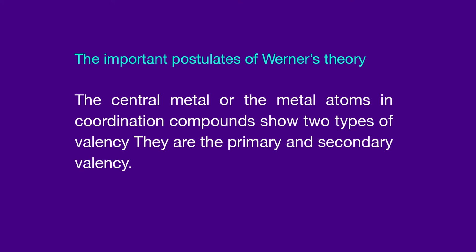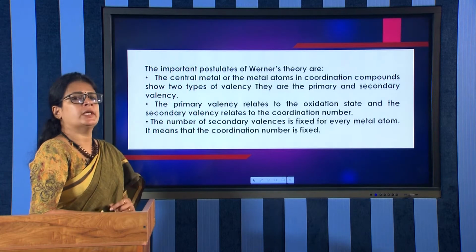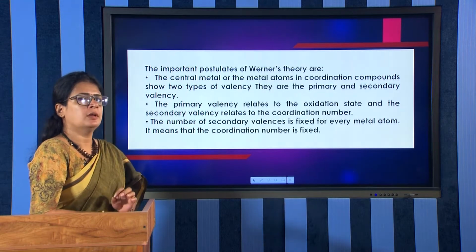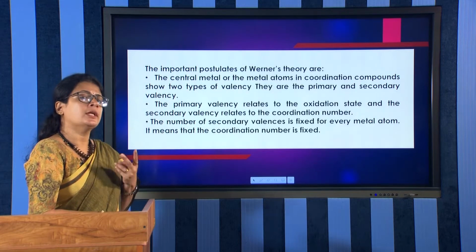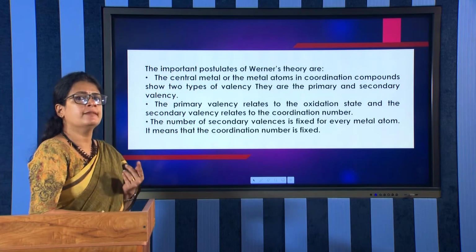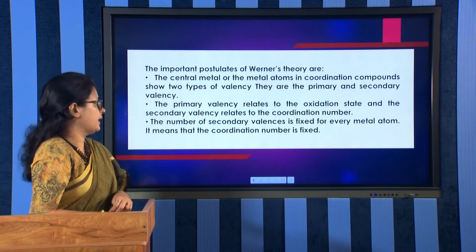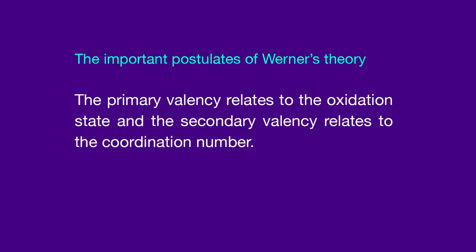Number one is that the central metal atom or atoms in coordination compounds show two types of valency, the primary and secondary valency. The primary valency relates to the oxidation state and the secondary valency relates to the coordination number.